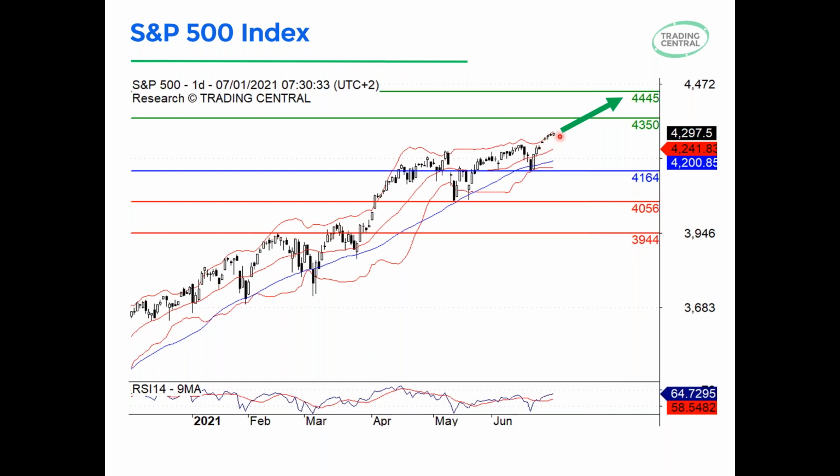Now the S&P is tracing the upper Bollinger Band here. I have also raised the key support to 41.64. So you can see this blue chip index has shown you that the market does not believe the Fed will increase interest rates. Let the market tell you. The market is telling you this.